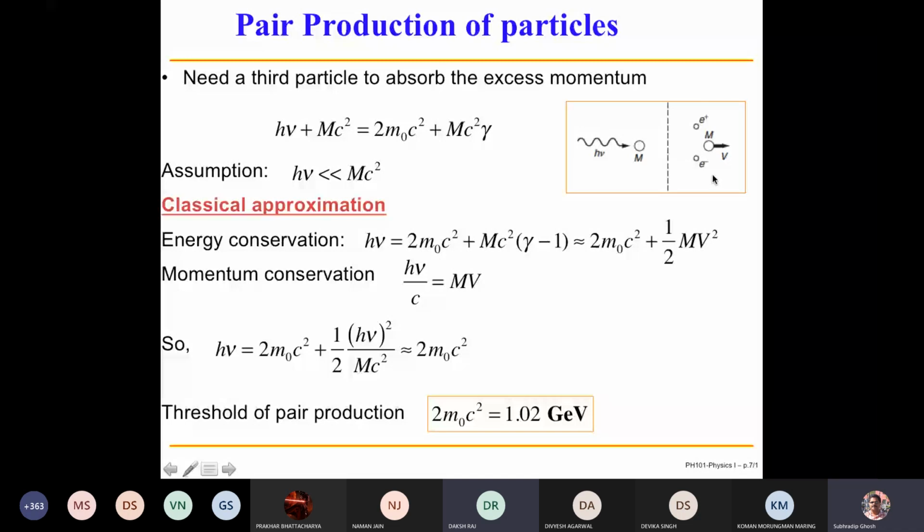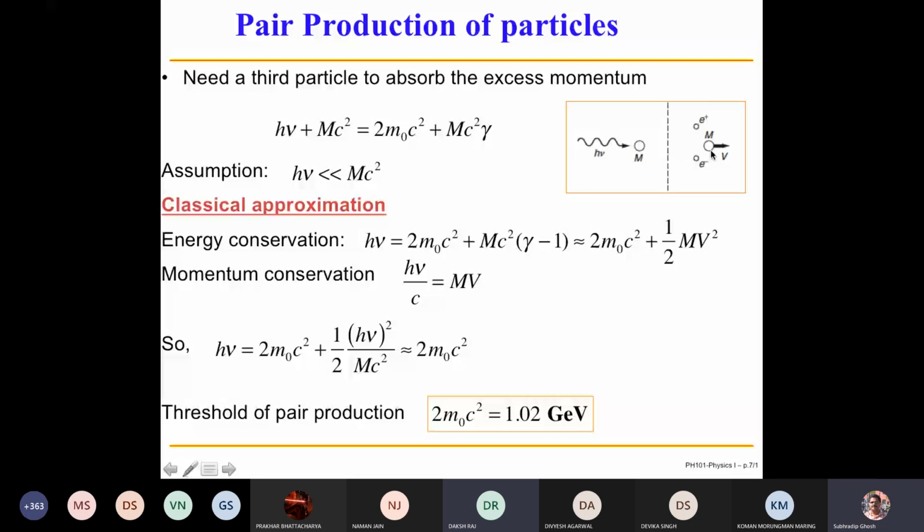Now this electron-positron pair, they are at rest. So understand the process. The photon hits a particle with rest mass m in its rest frame, and then creates an electron-positron pair who are at rest, and this one moves with a velocity v.